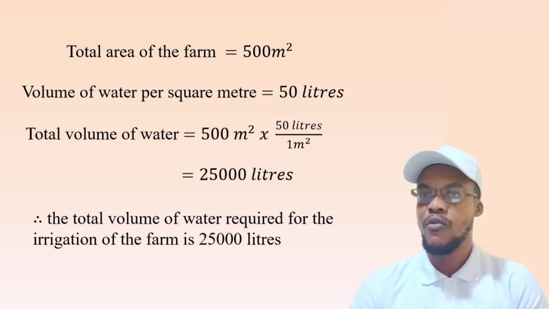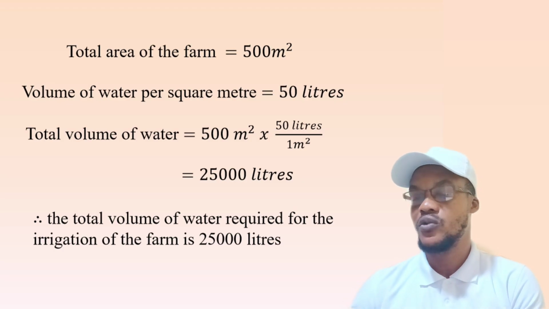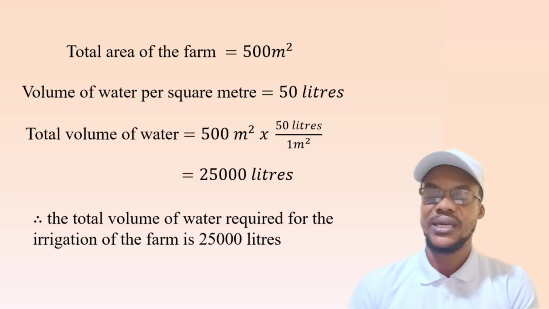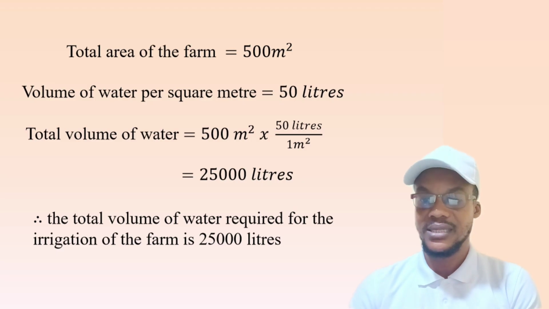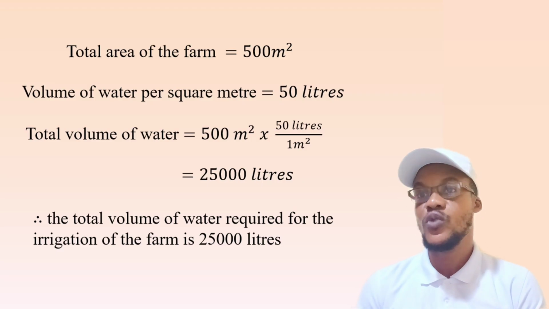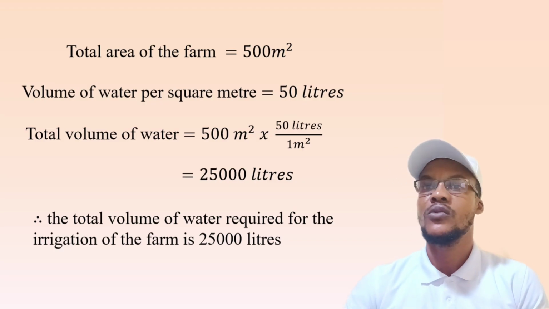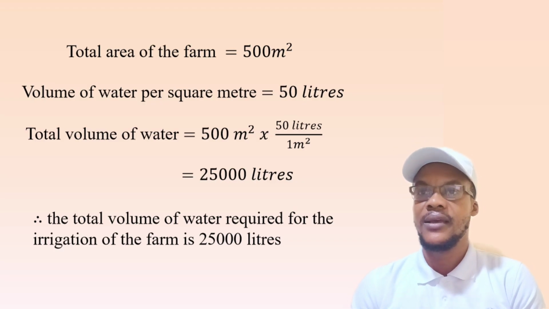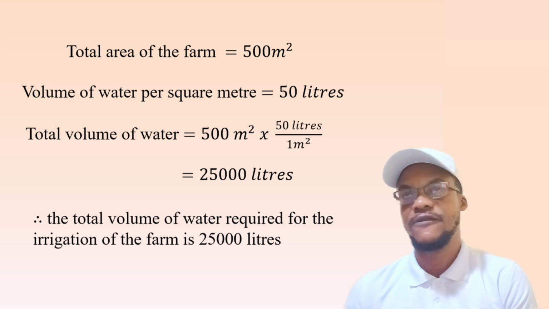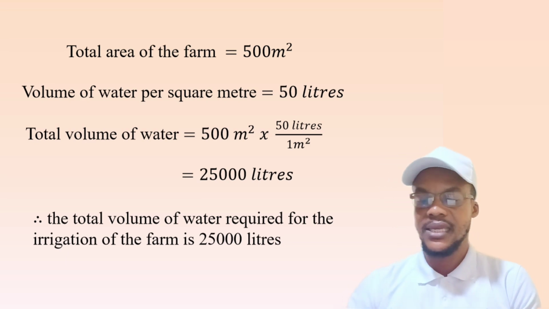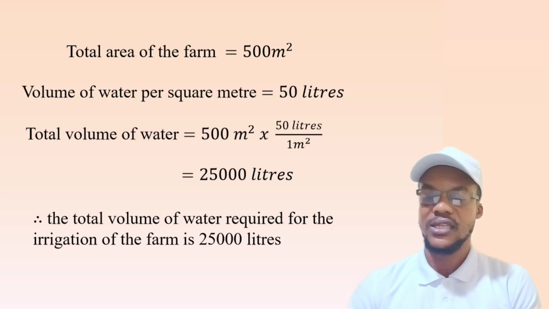But remember, when we calculated for what the contractor built, we got about 16,000, which is very less. So will the water in a full tank be sufficient for the irrigation process? You can easily conclude that no, there is no way.